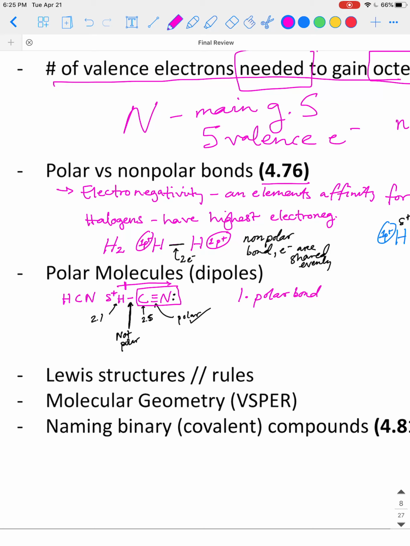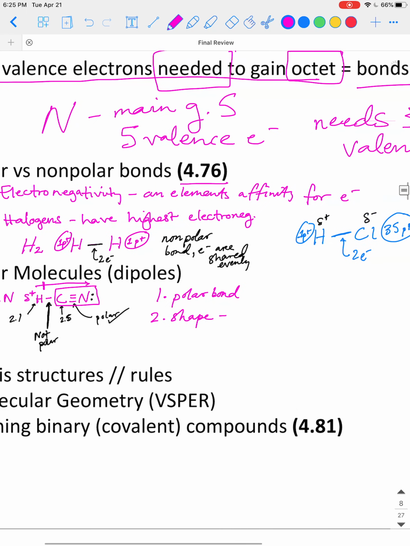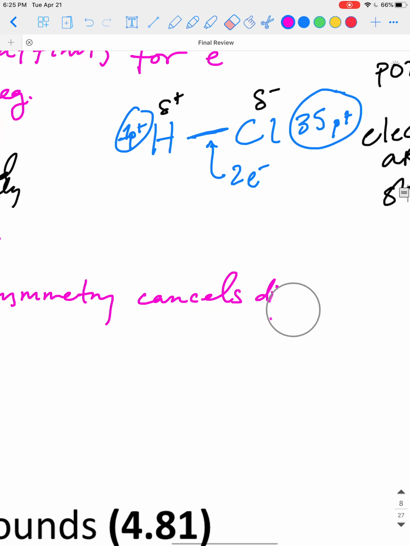Okay, so what things affect polar molecules? Number 1, polar bonds. If you have polar bonds in your molecule, you might have a polar molecule or a molecule with a dipole overall. 2, shape. Remember, if there is symmetry, it cancels dipoles.